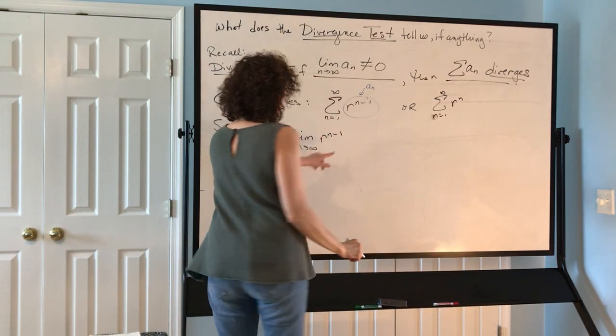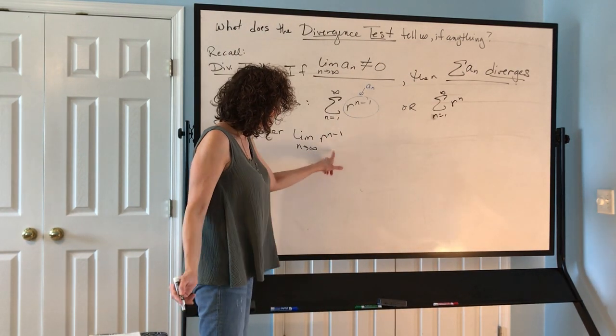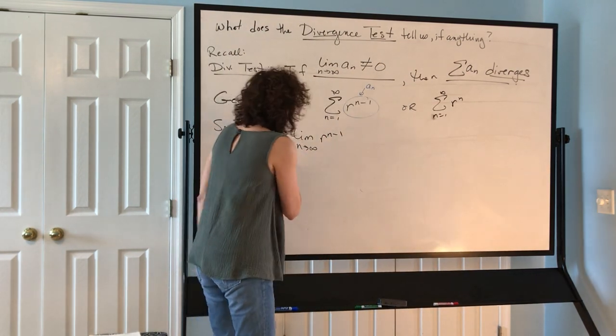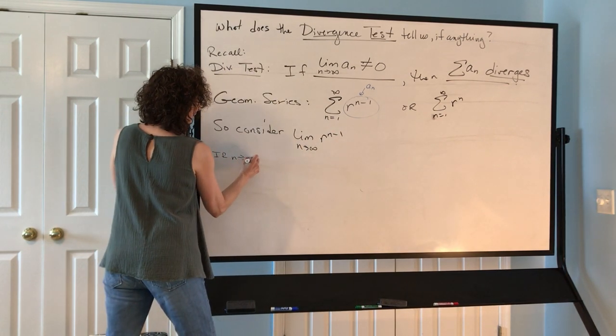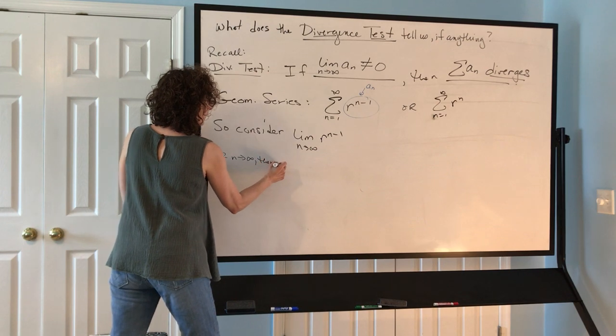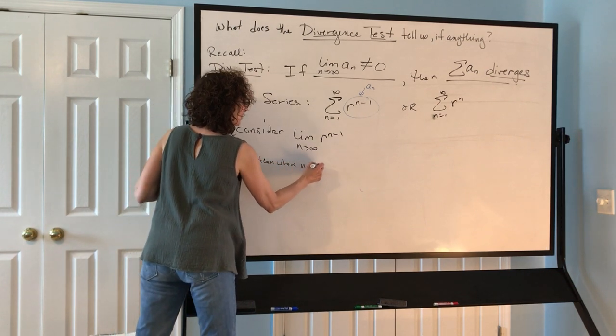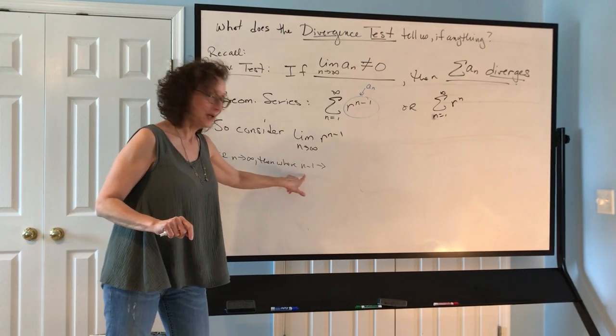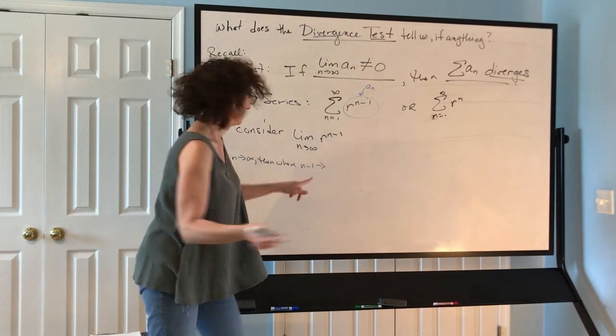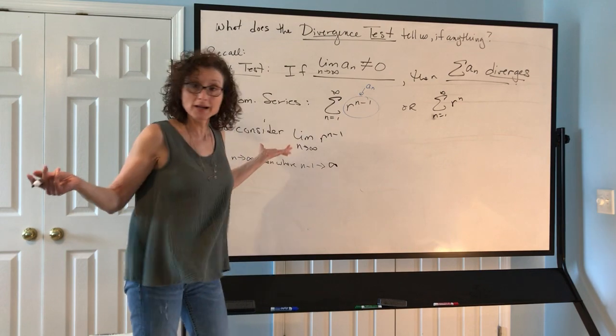The n minus 1 isn't going to cause us an issue anyway, because why? If n is going to infinity, then where is n minus 1 going? N is growing large without bound, and n minus 1 is growing large without bound, right?